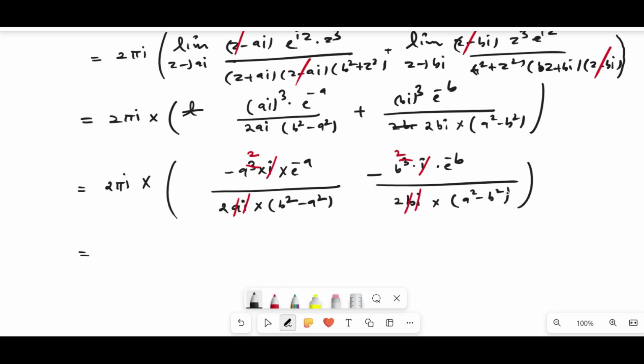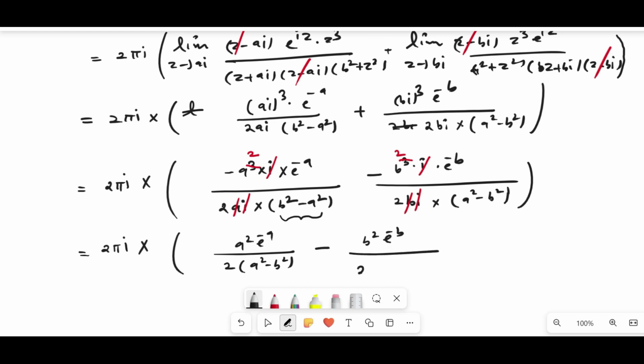So we can write 2 pi i. That is, take the negative sign common from this factor, or negative negative will be cancelled out, and it will give a squared e to the power of negative a over 2 times (a squared minus b squared), minus b squared e to the power of negative b over 2 times (a squared minus b squared).